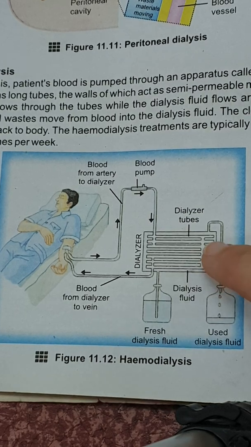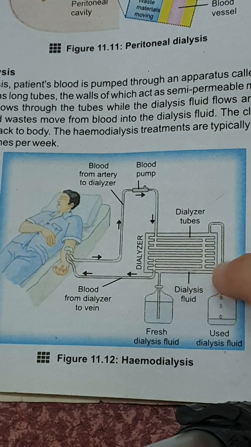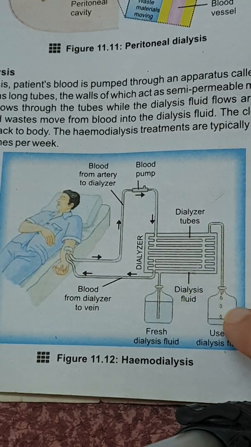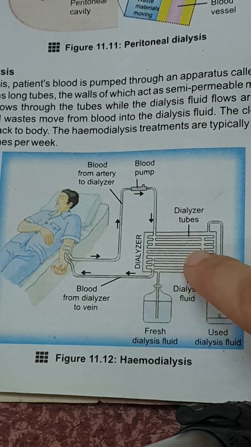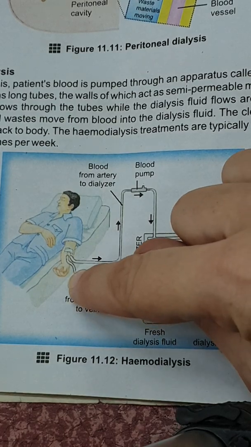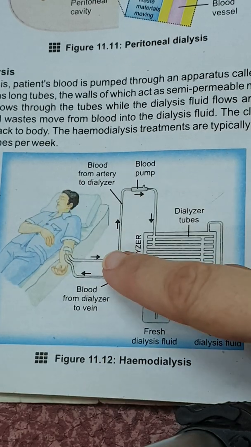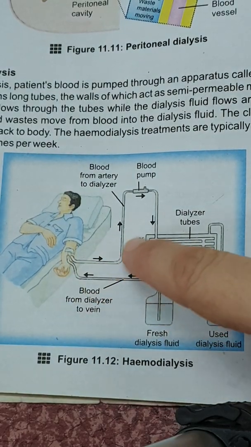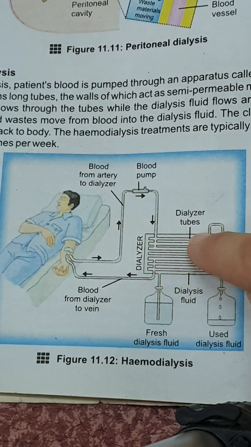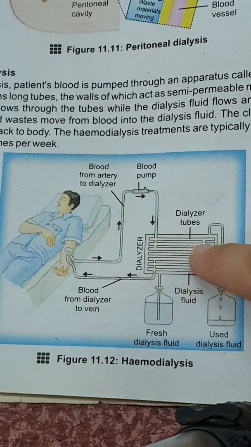After filtration, the material which goes inside the fluid present in the tubes is removed outside, while the blood which is filtered or clean then enters again into the body of the patient. The patient's arm artery is connected with the dialyzer machine. After entering the dialyzer blood pump, it enters the dialyzer tube.